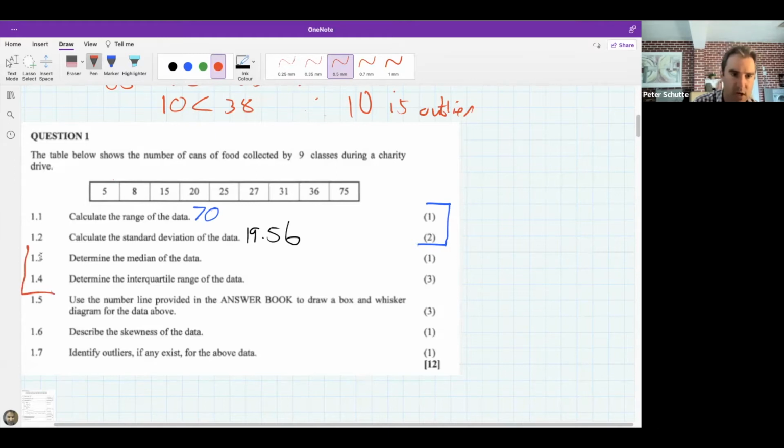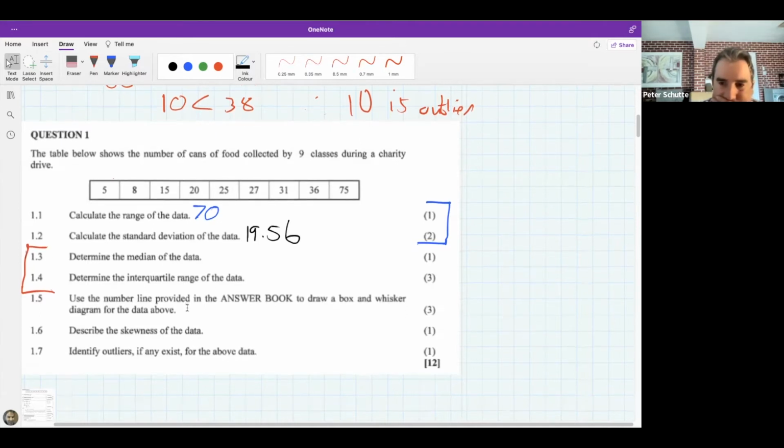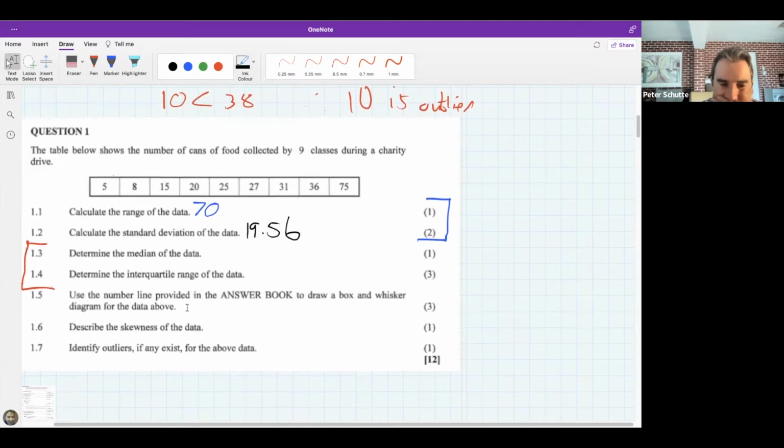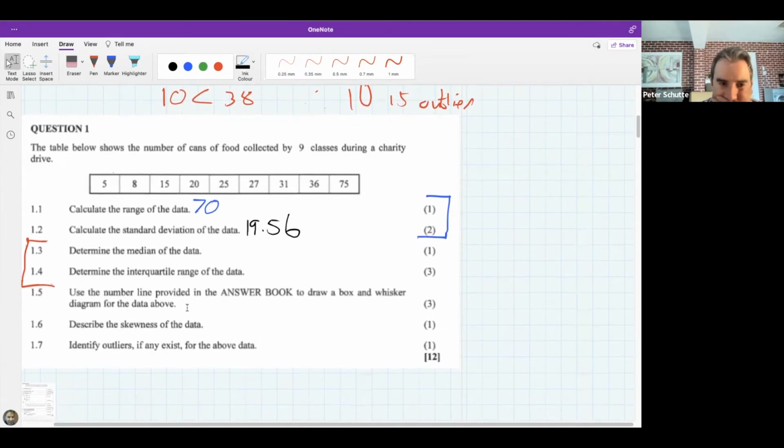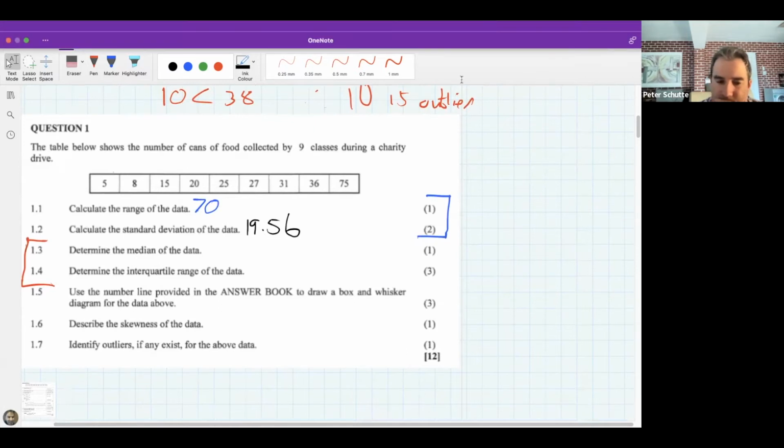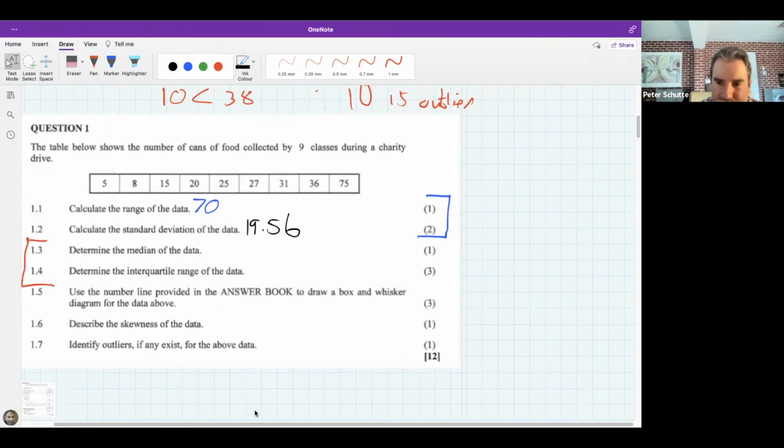Let's try and do question 1.3 and 1.4 next. Yeah. So same as before, you just need to calculate the positions of these numbers.